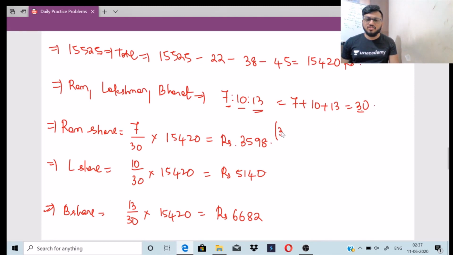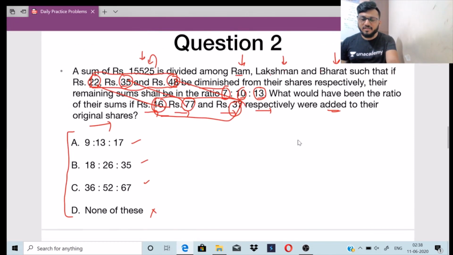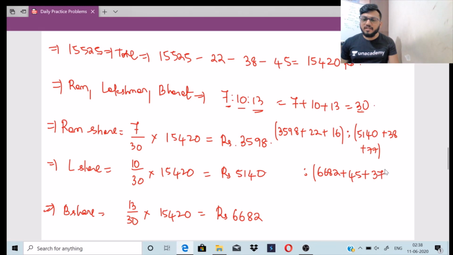Okay, so the ratio of Ram will be 3598 plus 22 plus 16 is to 5140 plus 38 plus 77 is to the share of Bharat 6682 plus 45 plus 37.